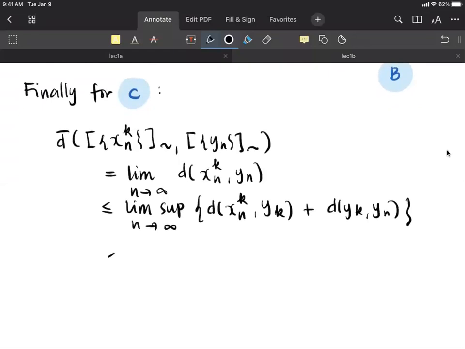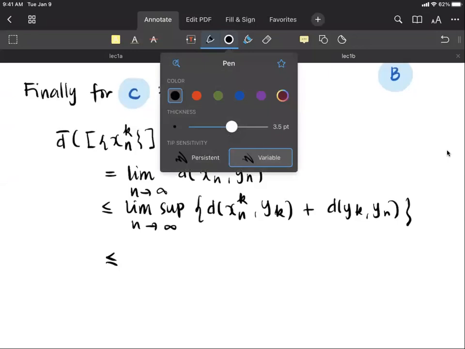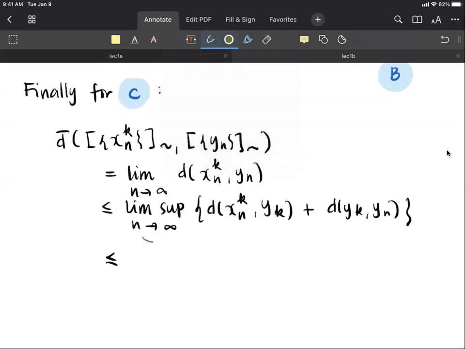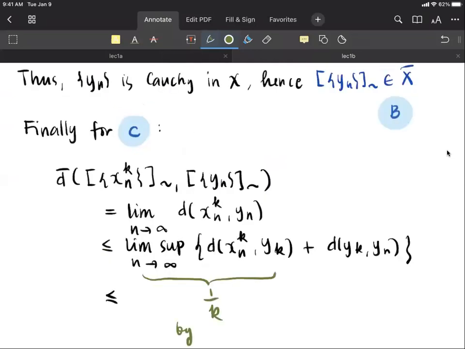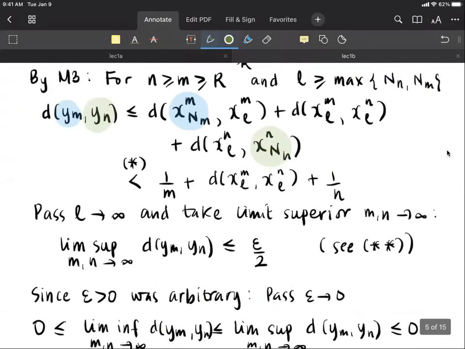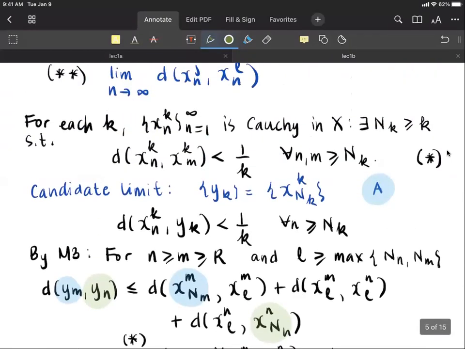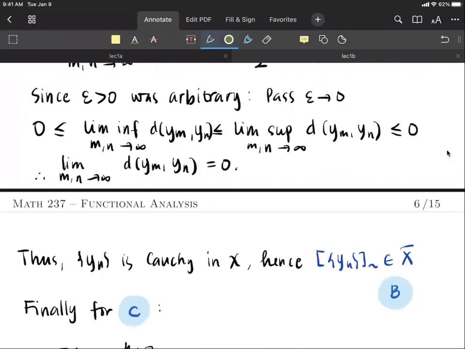Now, the first limit superior is less than 1 over k, by this property above.